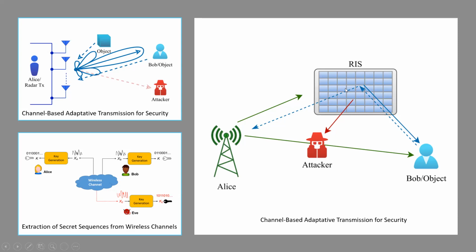Finally, recently reconfigurable intelligent surfaces are also providing adaptation based security techniques, in which we design the RIS in such a way that the signal will add constructively at the legitimate node, while at the attacker we will make sure that the signal will add destructively. Now, these are the popular security techniques.